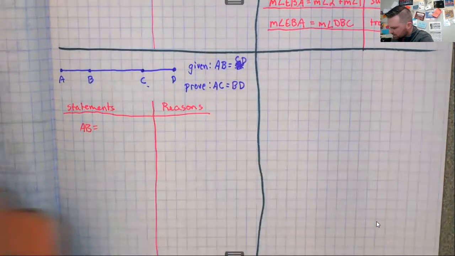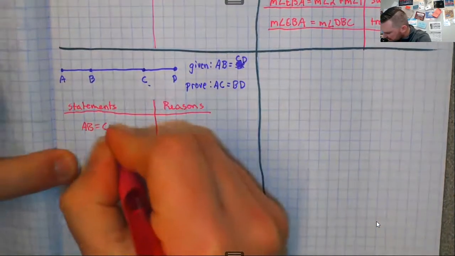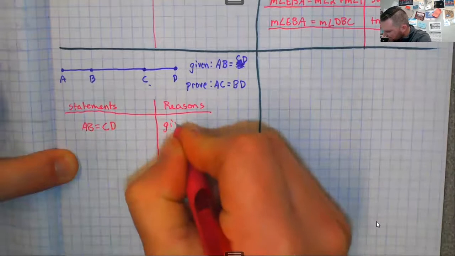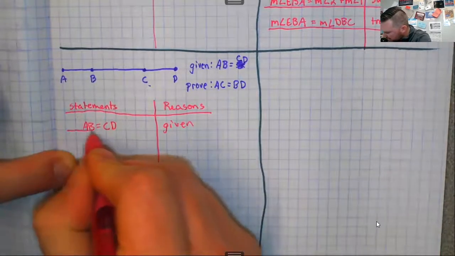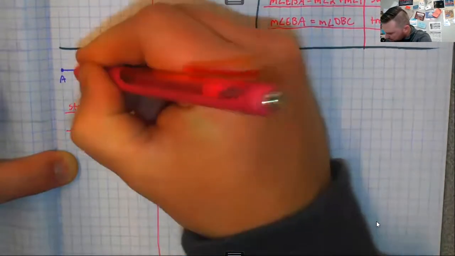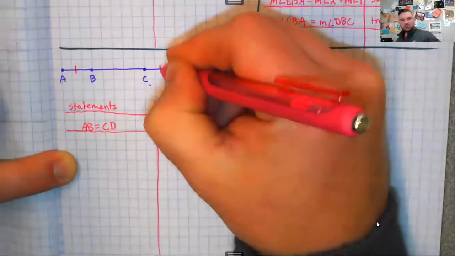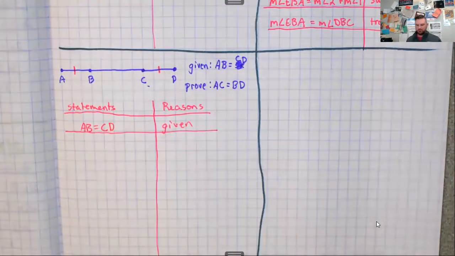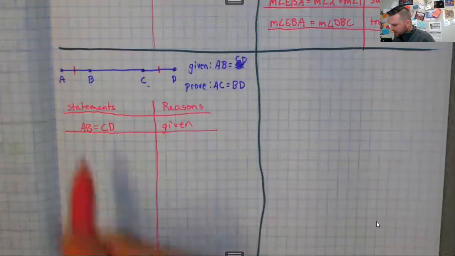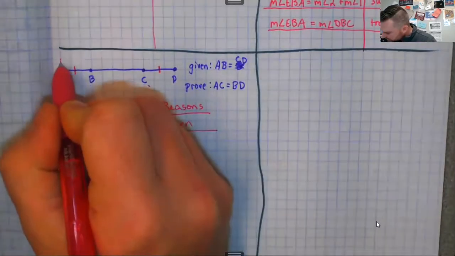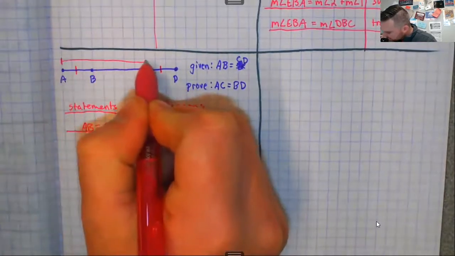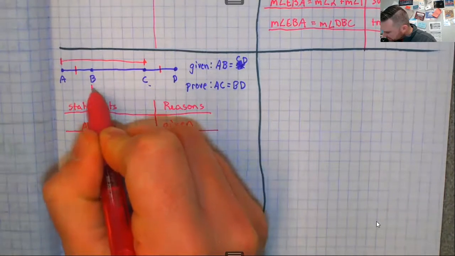So AB equals CD, and that is given. It is not in my picture, so I'm going to put congruent there. Those are equal. They are the same. And I need to prove that AC, from here to here, is the same as BD, here to here.